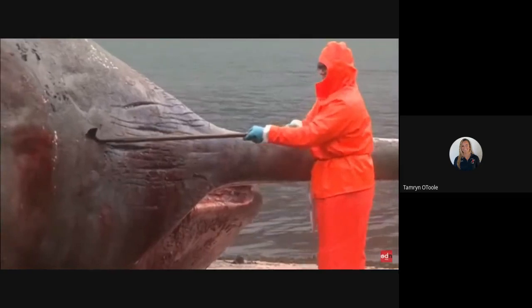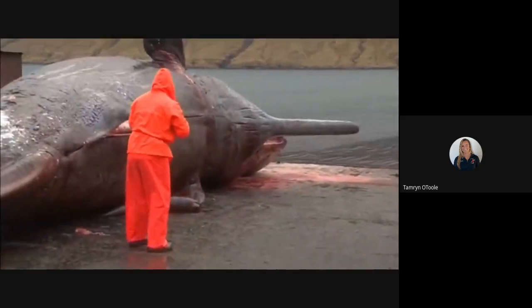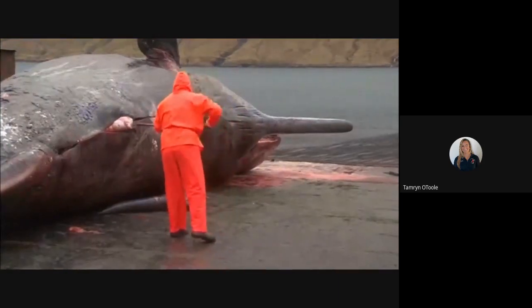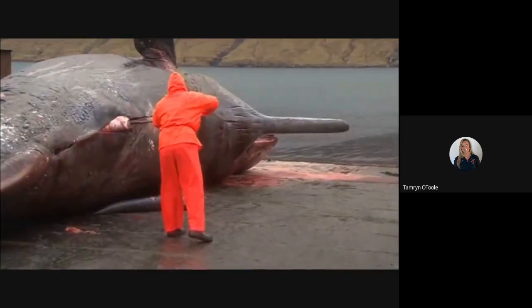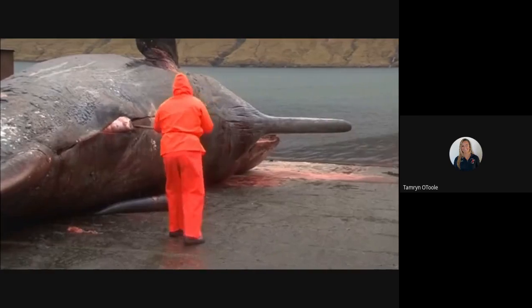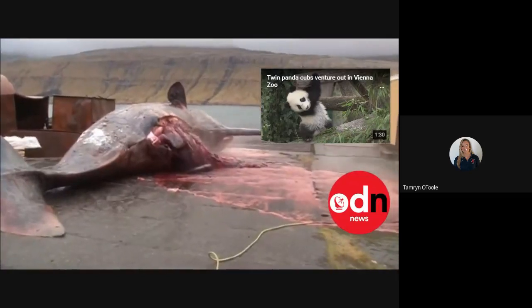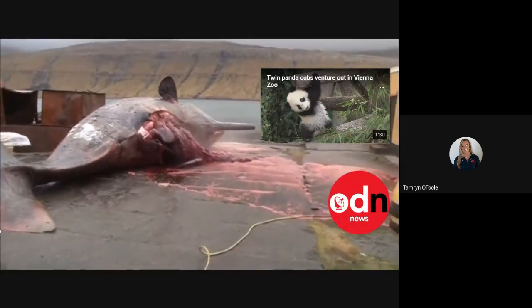As he made incisions in the whale's side, the carcass exploded due to a buildup of methane gas from the decomposition, creating a loud sound and releasing a pungent smell. It is reported that a local museum will collect the skeleton and put it on display.